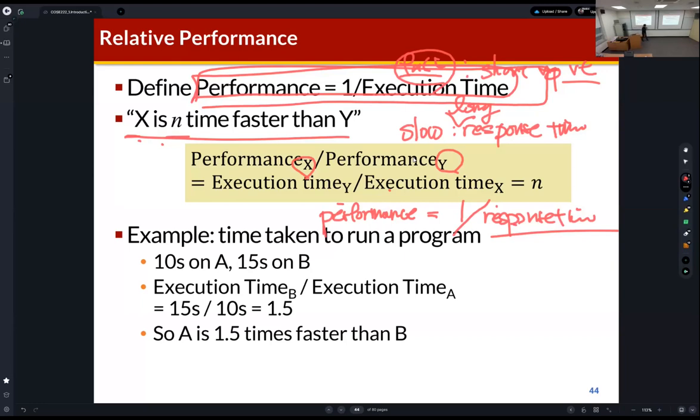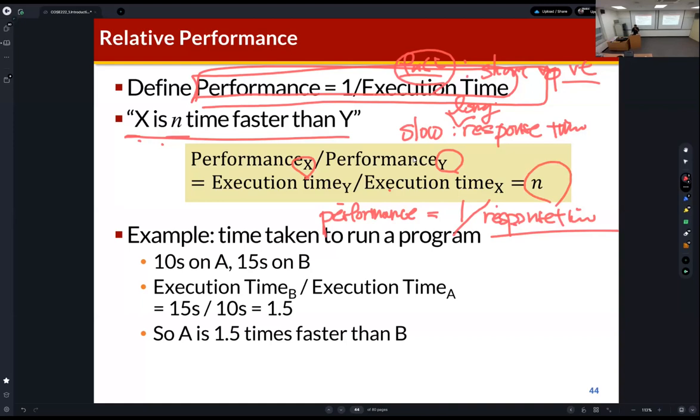This is very important. I guarantee that one question of the midterm will ask about performance comparison. You need to calculate the execution time to compare the performance, but the performance is the inverse of execution time.